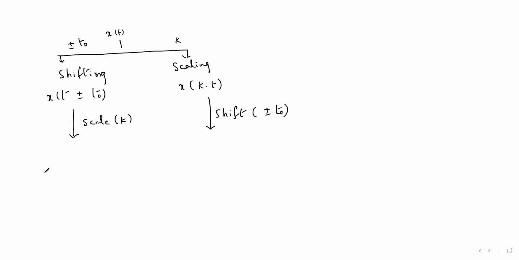It is simply x of kt plus or minus t naught here. It is x of k into t plus or minus t naught. This is the format we need to follow in future. Very, very important for us.